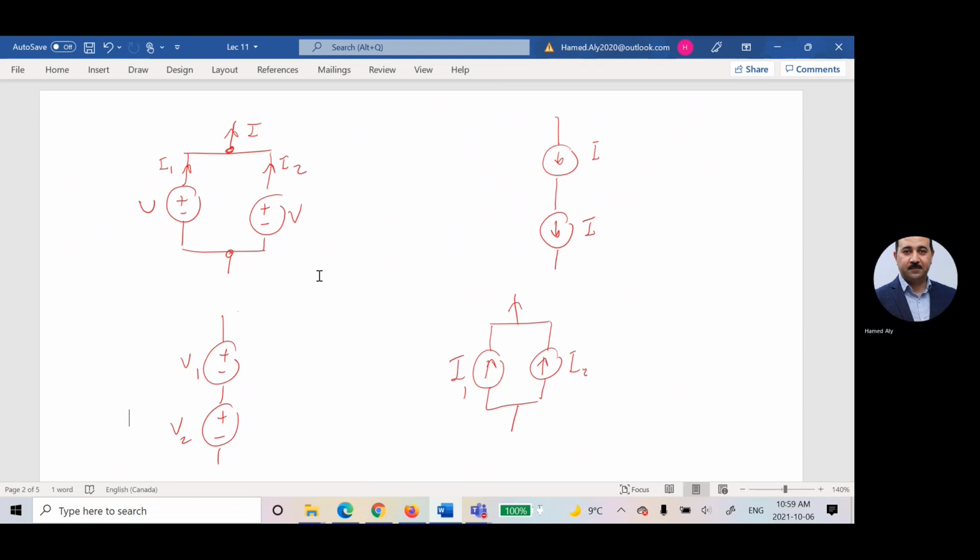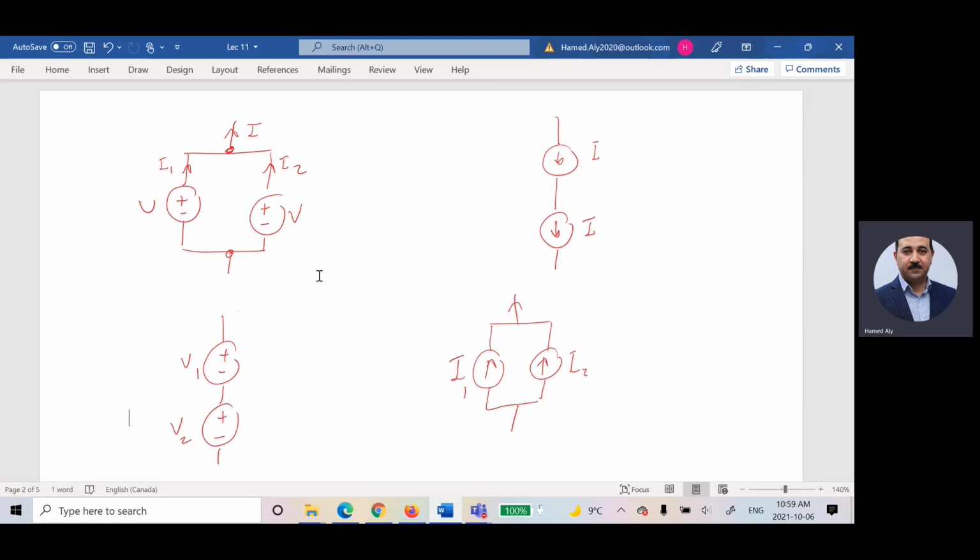Okay? Now, let us talk about a new, different theory. I have already posted new notes, which talk about these different methods: Thevenin and Norton, maximum power, and superposition. But I don't have time to talk about Thevenin, Norton, and maximum power.